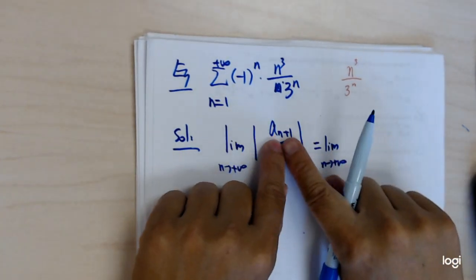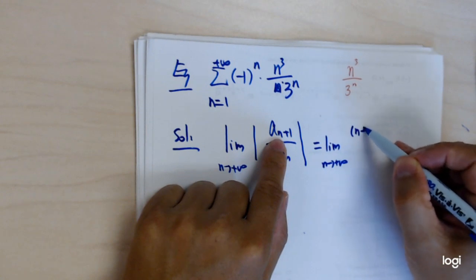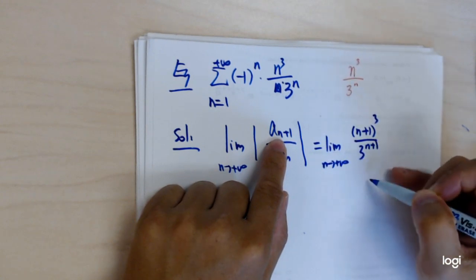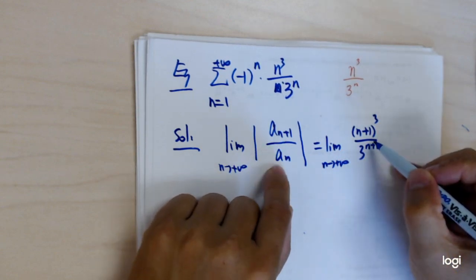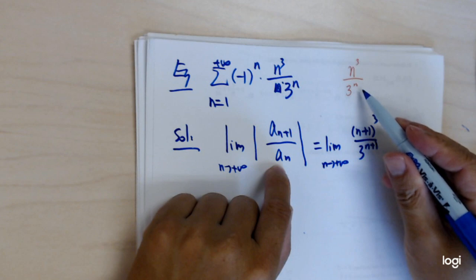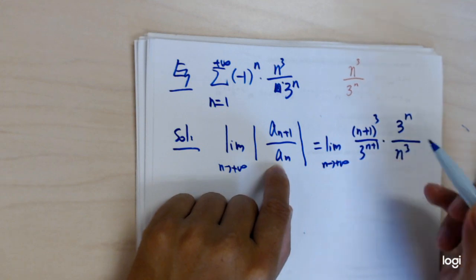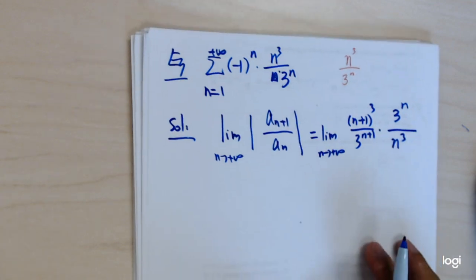So let's look at a sub n plus 1. We're going to replace the n here with n plus 1. Am I right? So that's a sub n plus 1. Divide by a sub n, so multiply it with its reciprocal. So I have a 3 to the n on the top and n cubed on the bottom. The goal here is to find the limit.